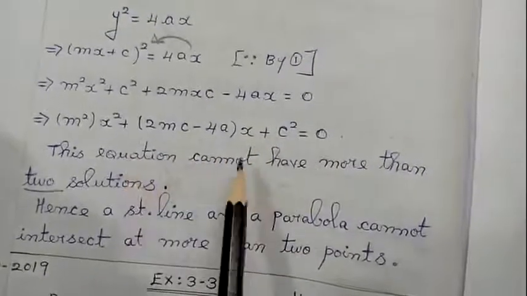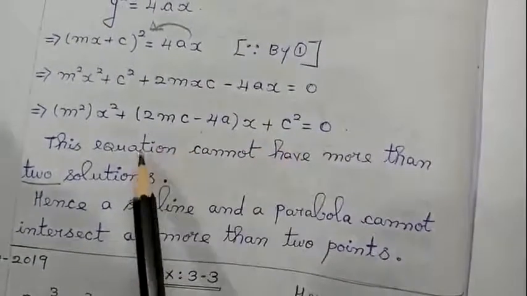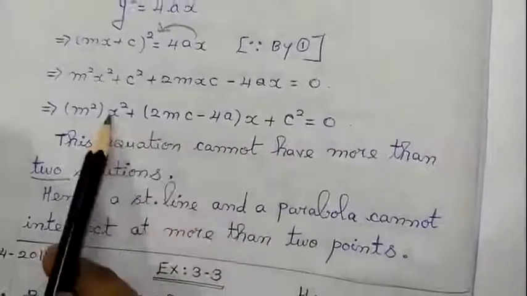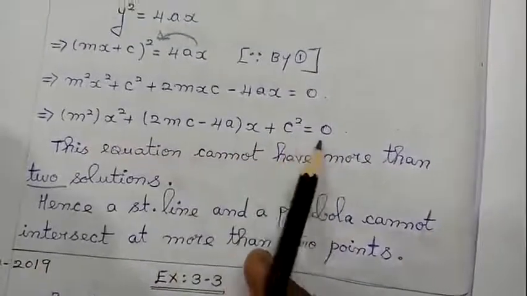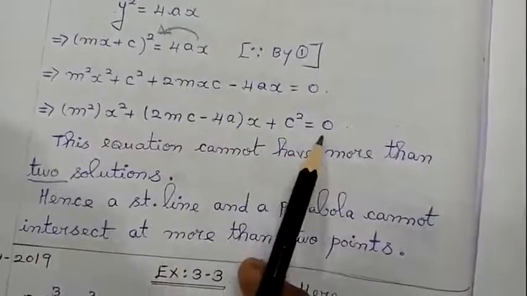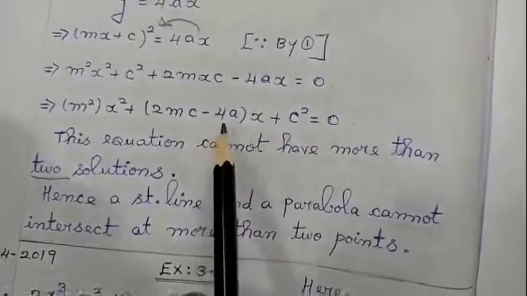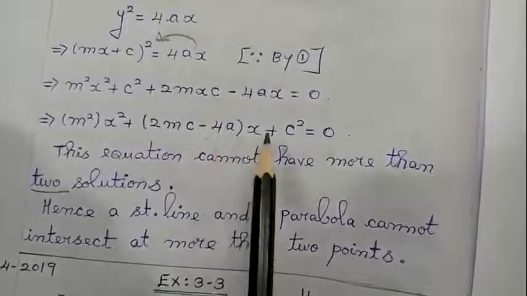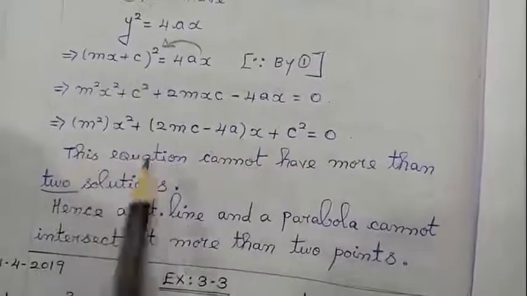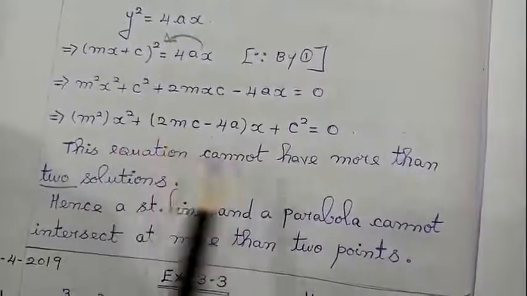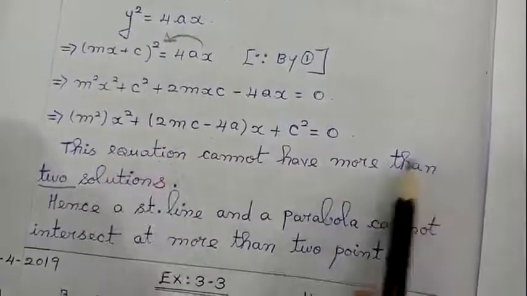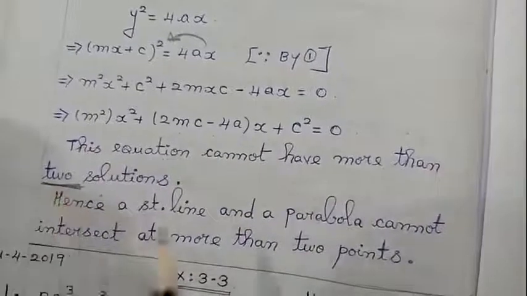And I am not going to simplify or find the final answer, students. I am going to frame a quadratic equation, that is x square, x, constant equal to 0. If I get a quadratic equation, then I can say I will have only 2 roots. So this is a quadratic equation, and it cannot have more than 2 solutions.